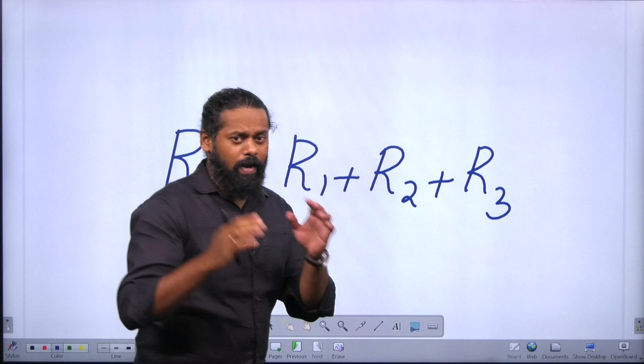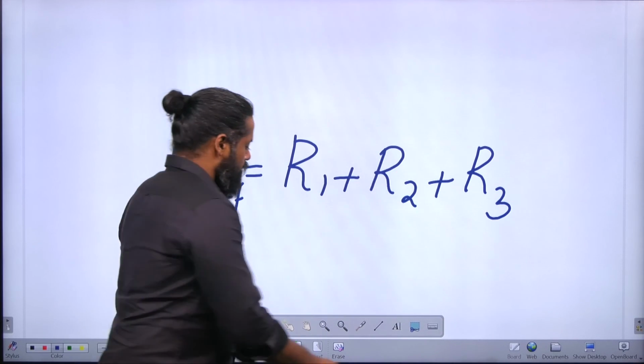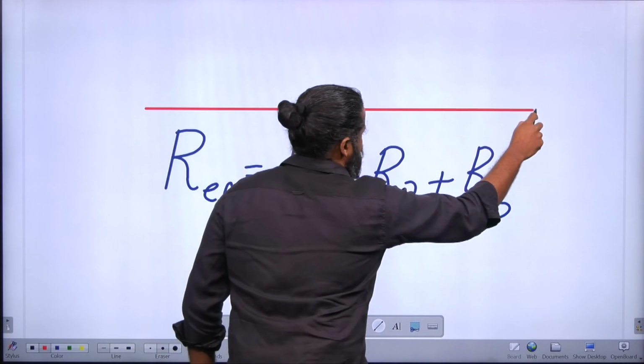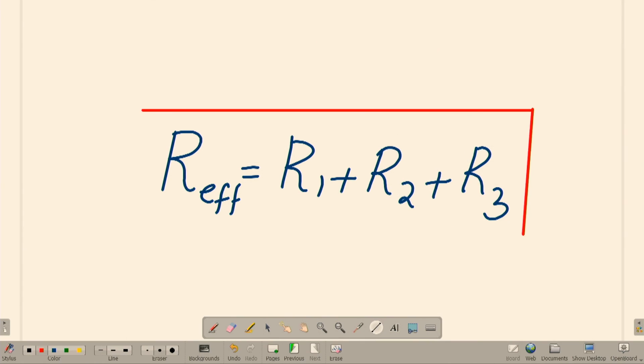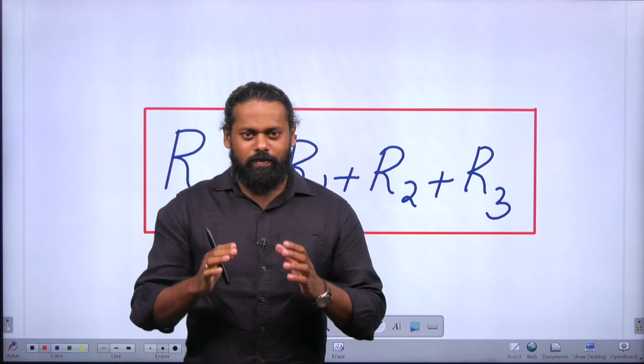Same way, if n resistors are connected in series, you have to add in the same way. So this is the final expression for effective resistance when you are connecting three resistors in series, or it can be extended to n resistors connected in series. I hope all of you understood this thoroughly.